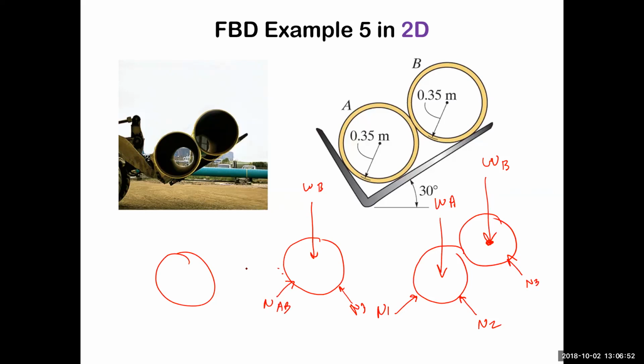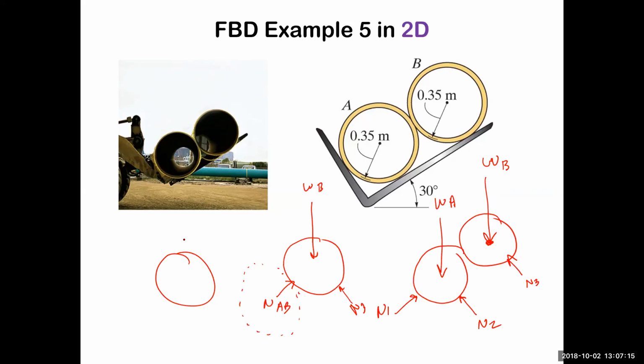Now we're taking out that pipe, so we're just isolating that one little piece of the system. This NAB force would be considered internal to the total load, if we think of that total load as one thing. That would be considered an internal force, but we can break it apart if we need to find those forces in between.